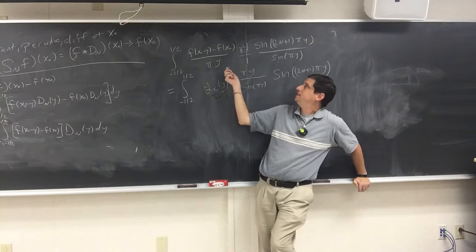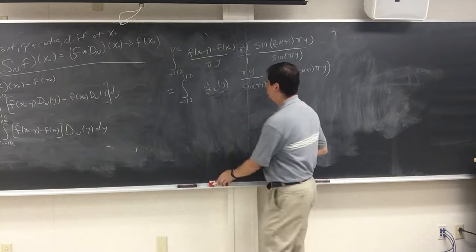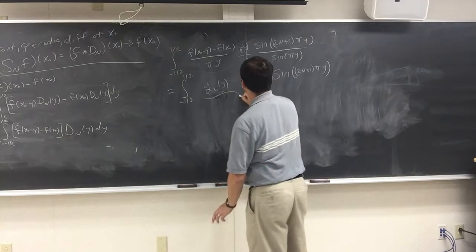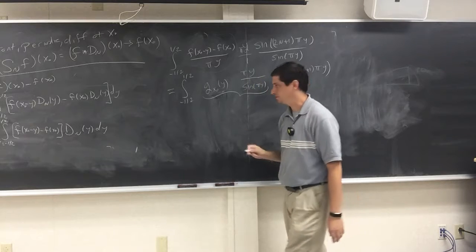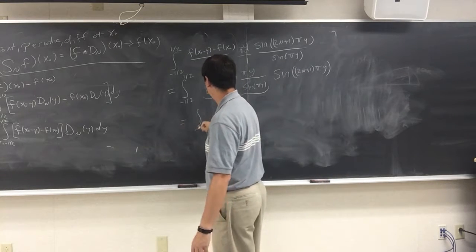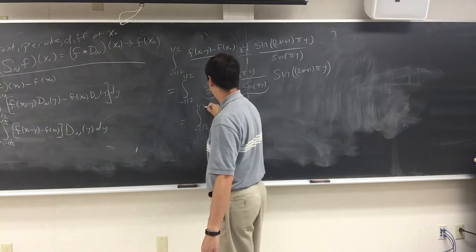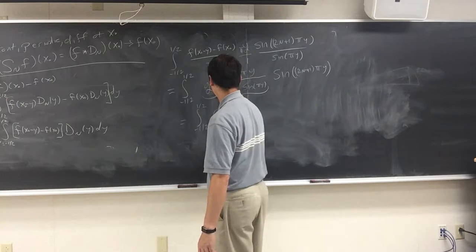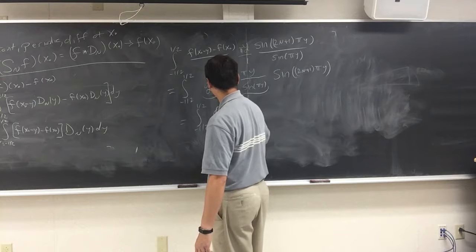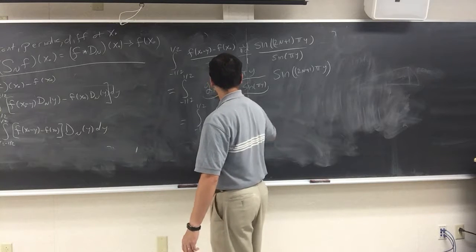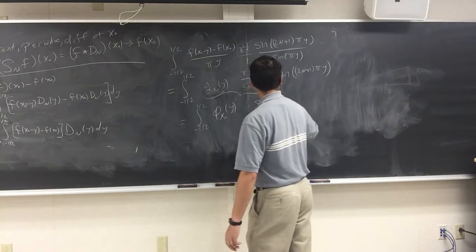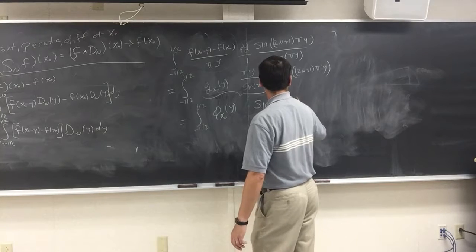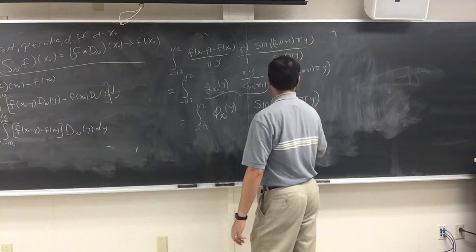And in fact, I can even expand it. Let me call this whole expression here some nice function. This is the integral from minus a half to a half. Let's call it phi sub x naught. Phi is a fun thing to write. Of y sine 2n plus 1 pi y.